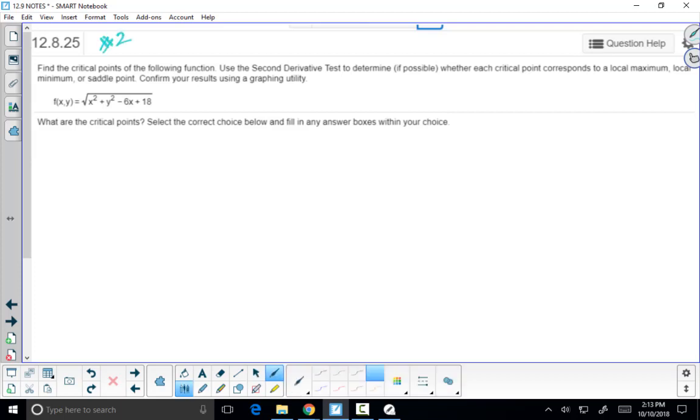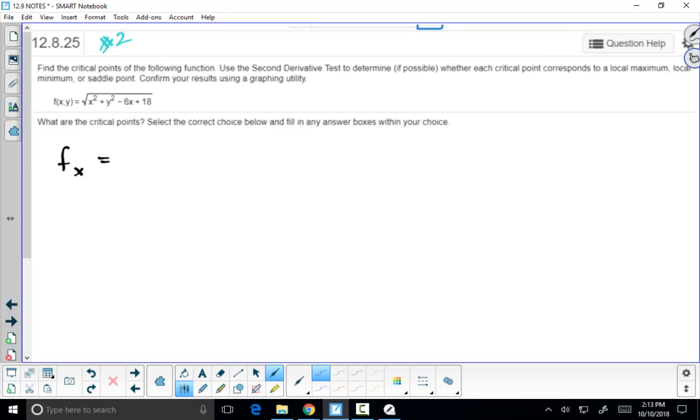So that's a surface that lives in 3-dimensional space. If we want to find critical points, we figure out where the partials are simultaneously 0 or where one is undefined. So let's go ahead and figure out our partial derivatives.